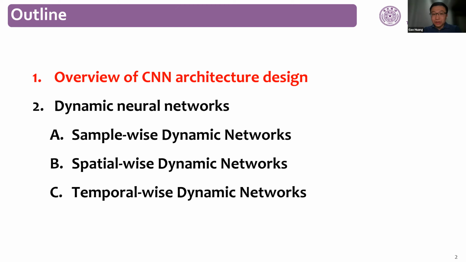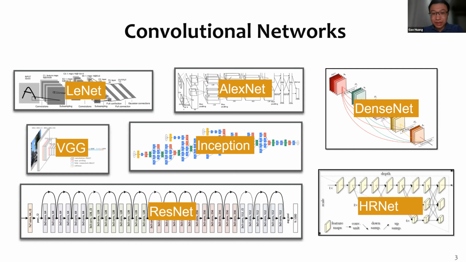Okay. So convolutional networks have been very successful in the past decade, especially in the field of computer vision. And we have witnessed many popular architectures. For example, AlexNet, which is a milestone in computer vision, and of course in the whole deep learning field. And the VGG network, the Inception or GoogleNet, and ResNet, DenseNet, and the high resolution network or HRNet.